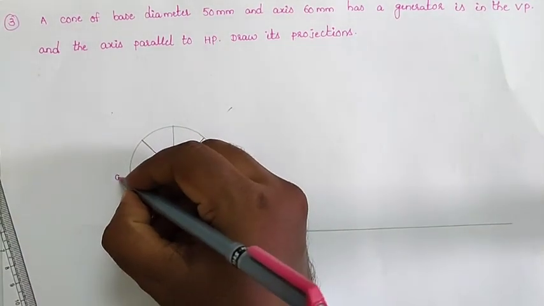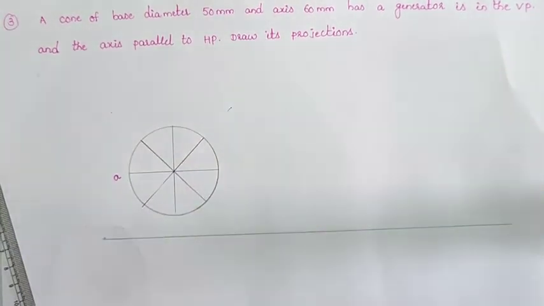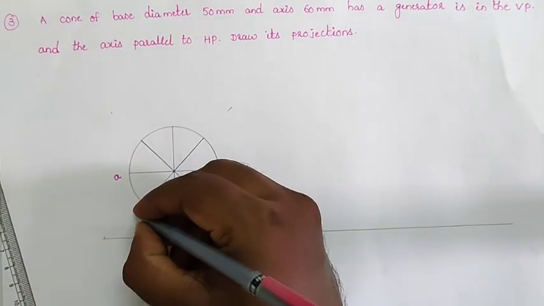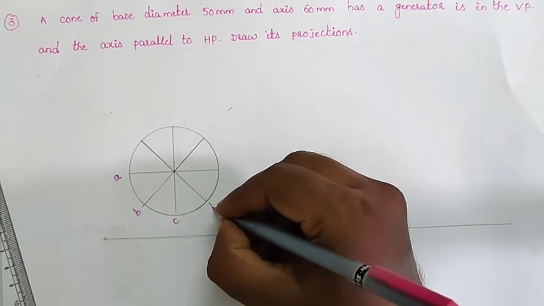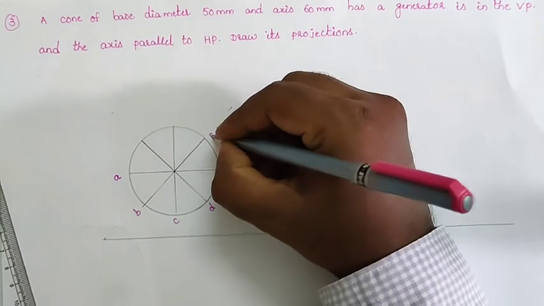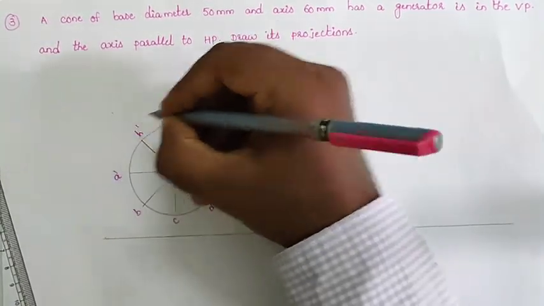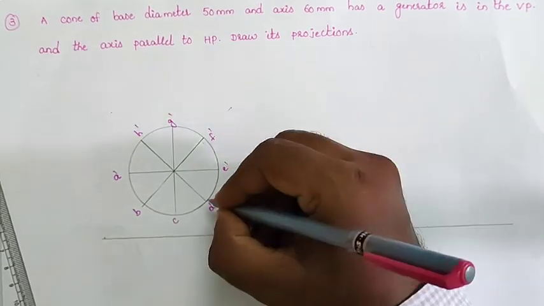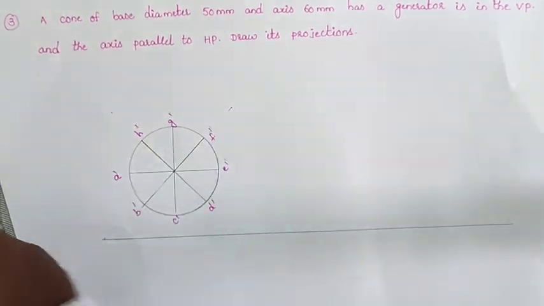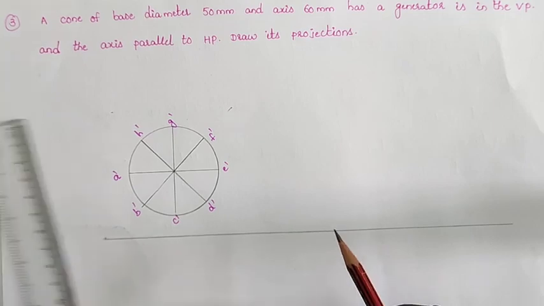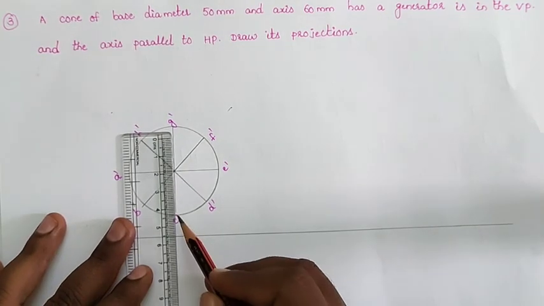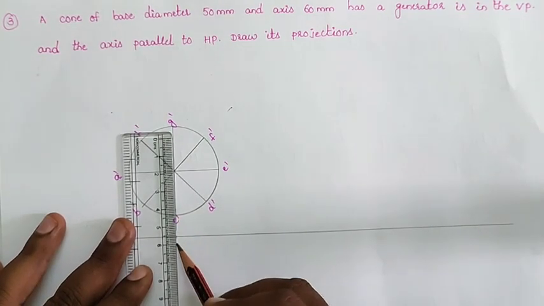After drawing the front view, give the notations. A cone has only one base, so we are giving only one type of numbering. So A, B, C, D, E, F, G, H points. Because it is a front view, we are giving small letters with dashes. After drawing the front view, from the center of that base, we will draw the axis line.